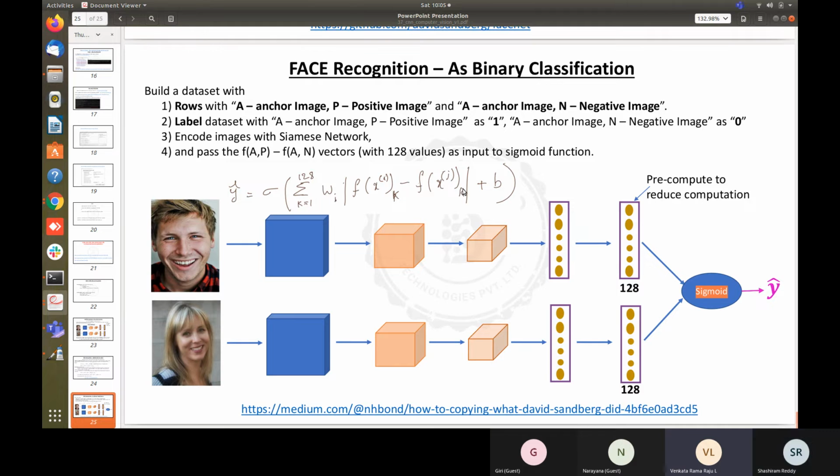So this is the z thing, right? Wi I should keep here somewhere, right? So this is the x, wx plus b, this is the x, right? Sigmoid of wx plus b is going to be the y cap. Got it?